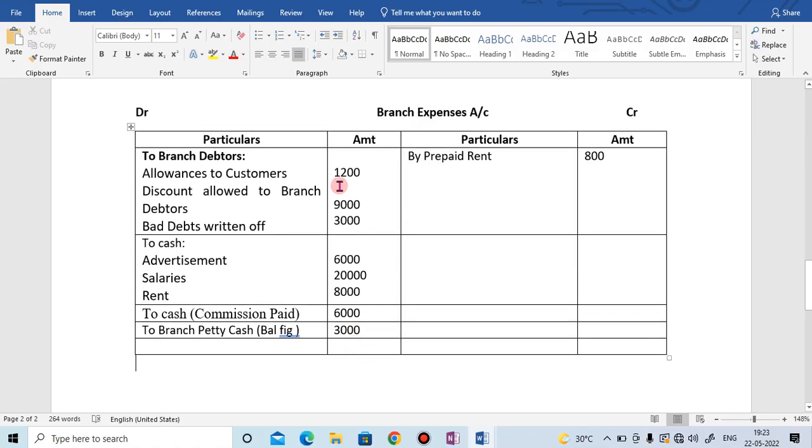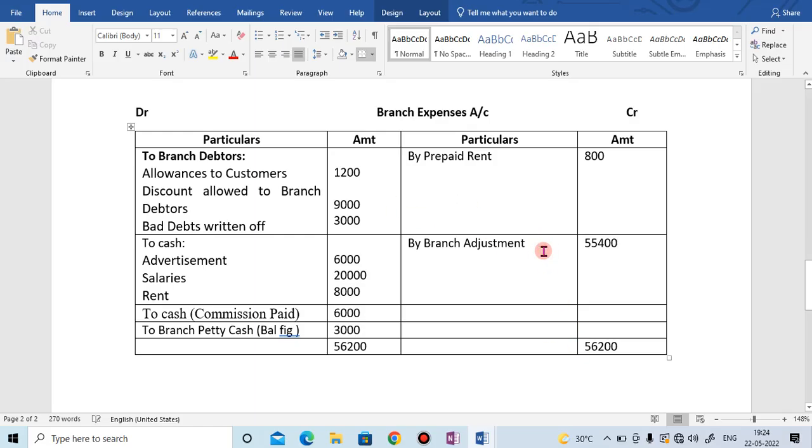So 1,200 plus 9,000 plus 3,000 plus 6,000 plus 2,000, 20,000 plus 8,000 plus 6,000 plus 3,000, we get 56,200. And here on the credit side 800. So the remaining is the balancing figure and we transfer it to the branch adjustment account. 56,200 less 800 is 55,400.